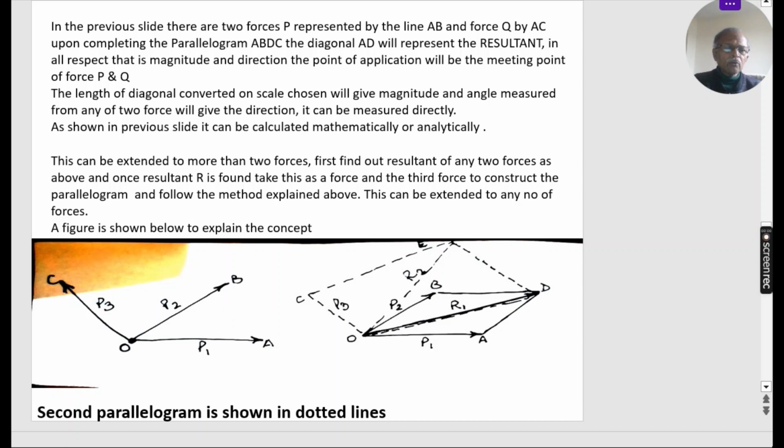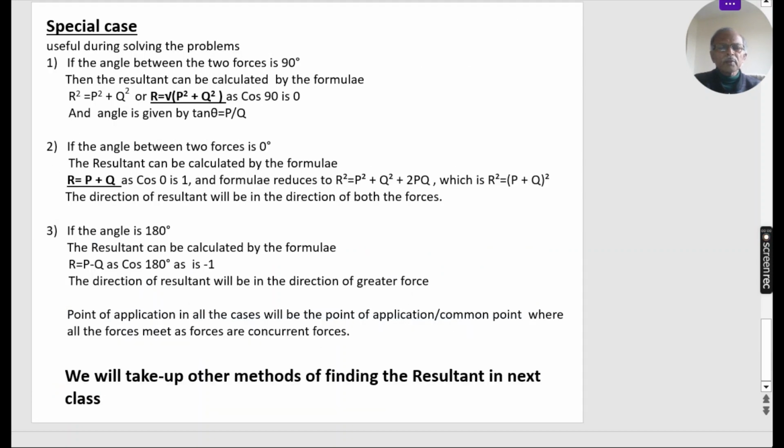Now we move a little further. We take up some special cases, for two forces only. If the angle between the two forces is 90 degrees, and we know R square is equal to P square plus Q square plus 2PQ cos theta or alpha.